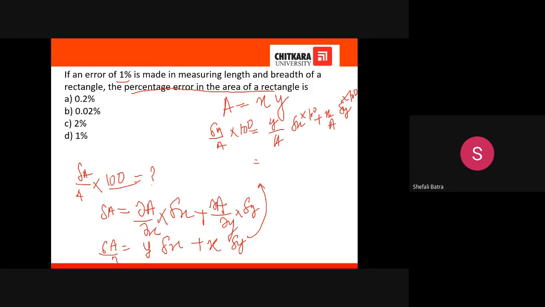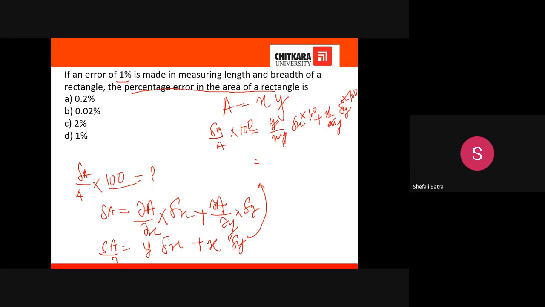Now, can I replace this A with xy? Yes or no? Yes, ma'am. So I'm writing here xy, and at the place of the other A also xy. So this x and x cancel, and here y and y cancel.